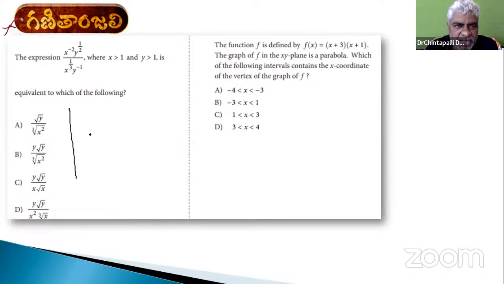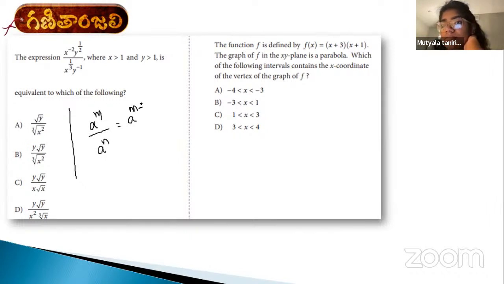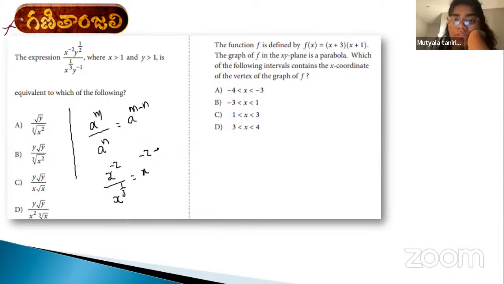The formula to be used here is a to the power m by a to the power n equals a to the power m minus n. x to the power of -2 by x to the power of 1 by 3 is equal to x to the power -2 minus 1 by 3, which is negative 7 by 3.